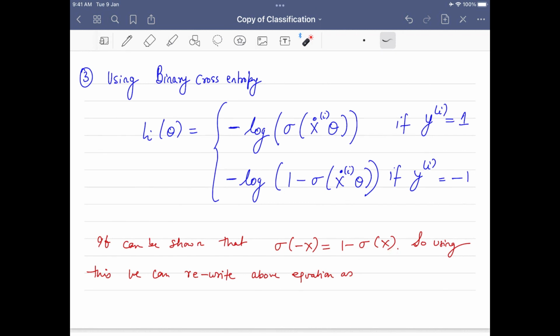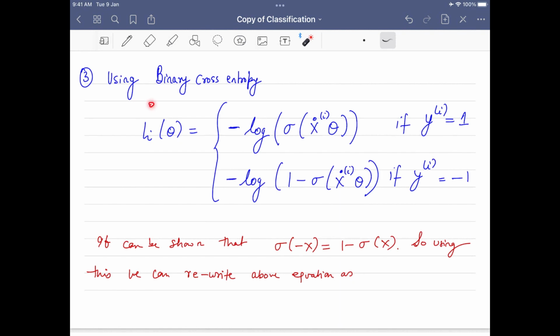We will be making use of it. So here, if you say that this particular argument is x, then 1 minus sigma x can be replaced by sigma of -x. So this argument inside can be replaced by sigma of minus x dot theta.